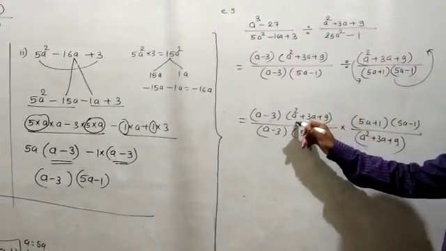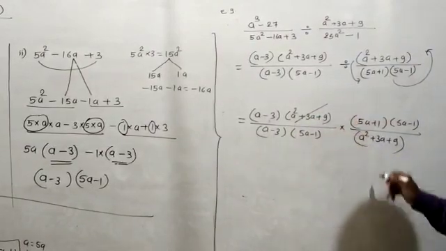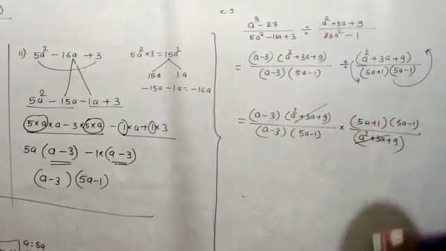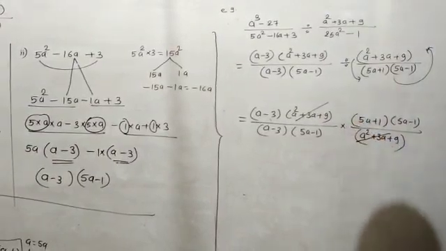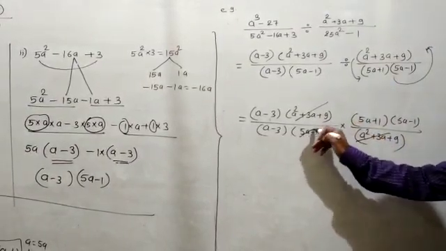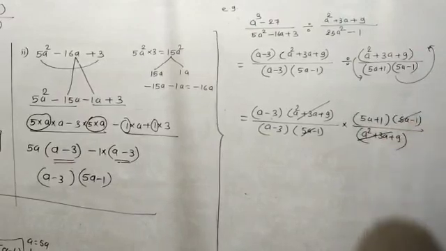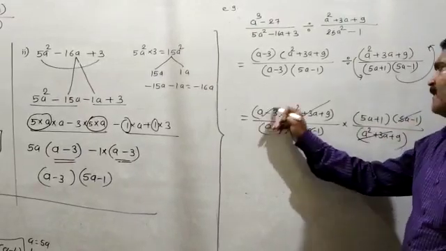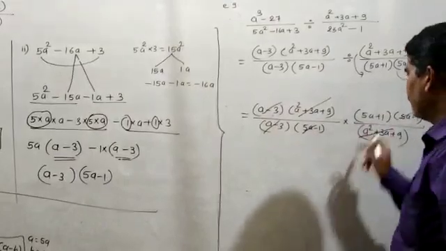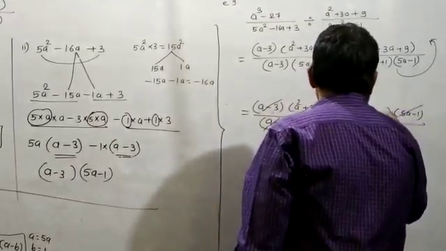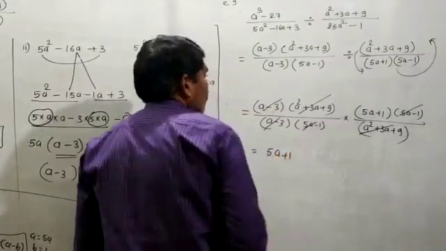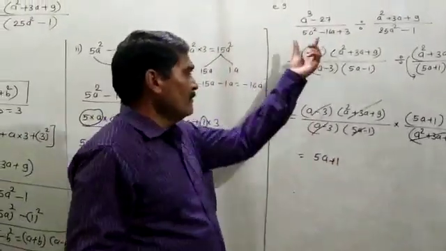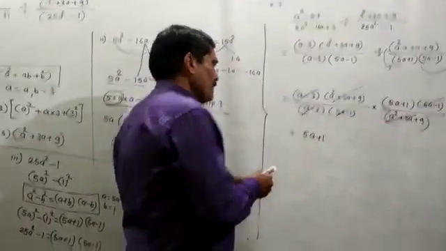This a square plus 3a plus 9 and a square plus 3a plus 9 are the same term in the numerator and denominator, so cancel them. 5a minus 1 cancels with 5a minus 1, and a minus 3 cancels with a minus 3. At that time, what remains? Only this term remains: 5a plus 1. So after solving, we get the answer 5a plus 1.